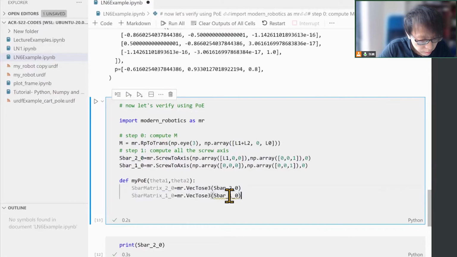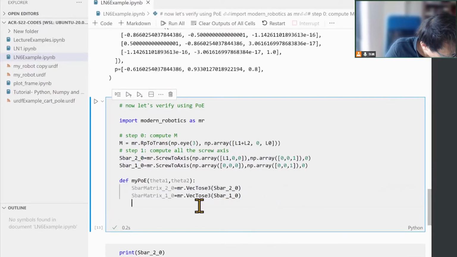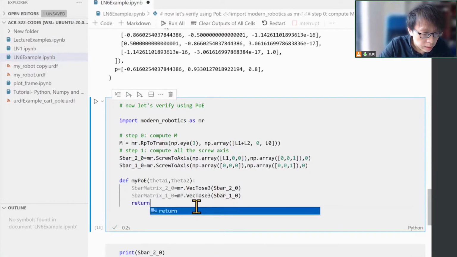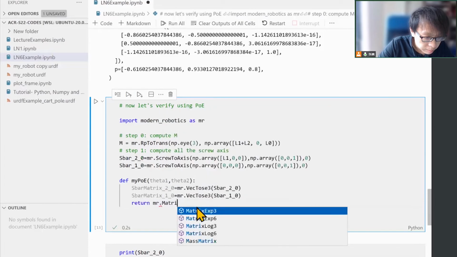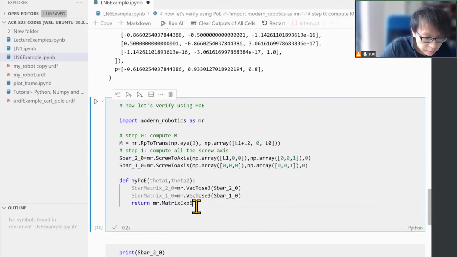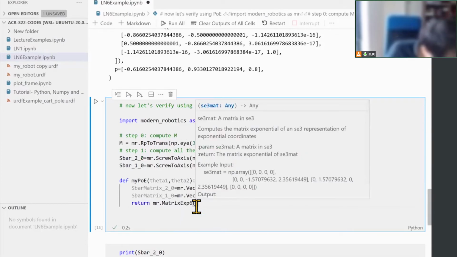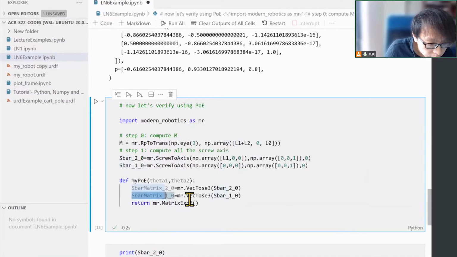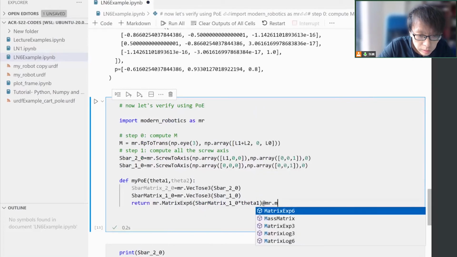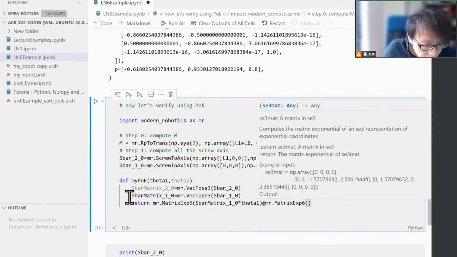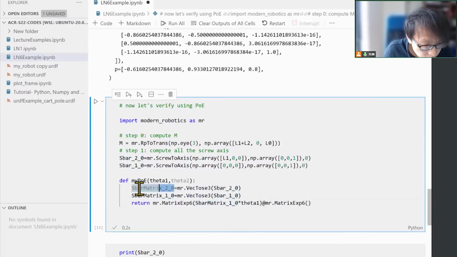Then if I know this matrix, I can return MR dot matrix exponential exp6 of the S bar matrix times theta 1, matrix multiplied by MR dot matrix exponential 6 of this guy times theta 2.